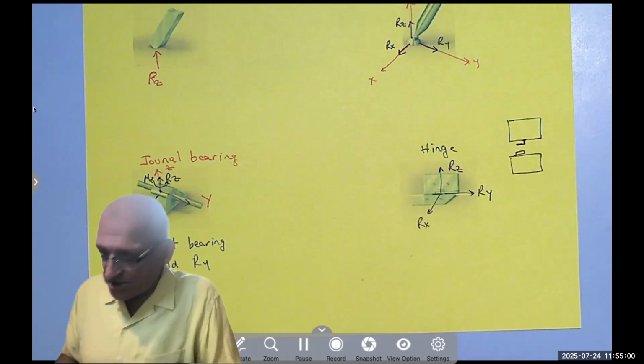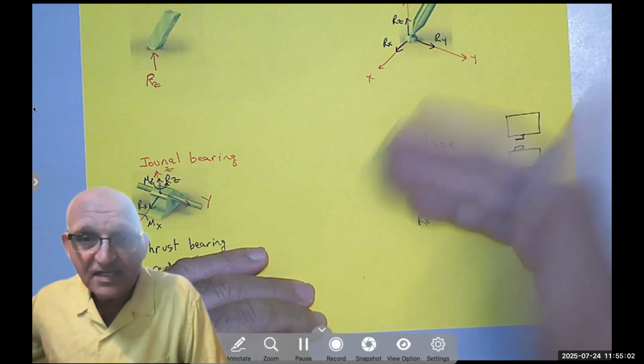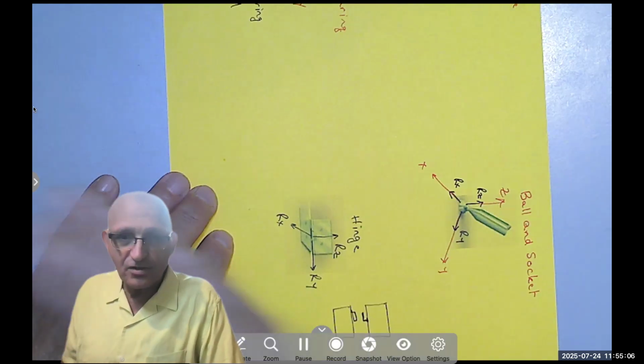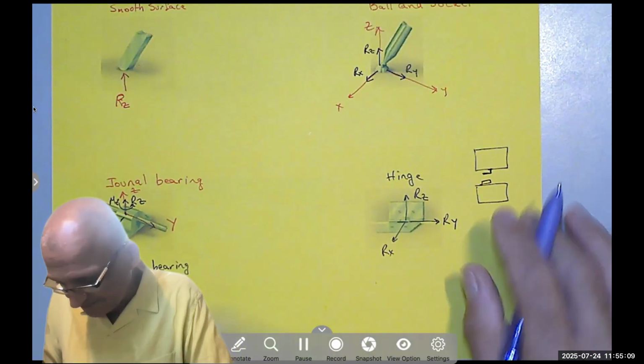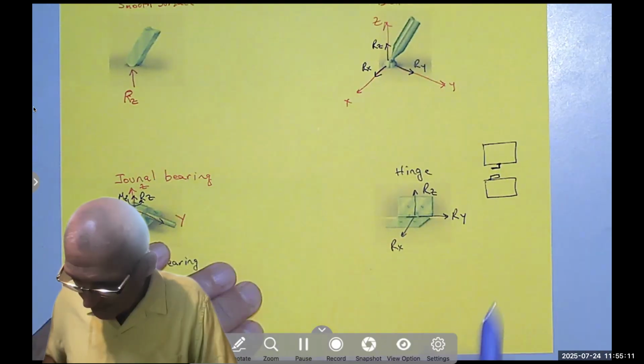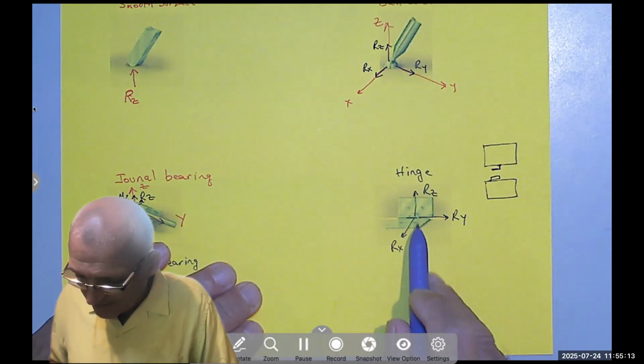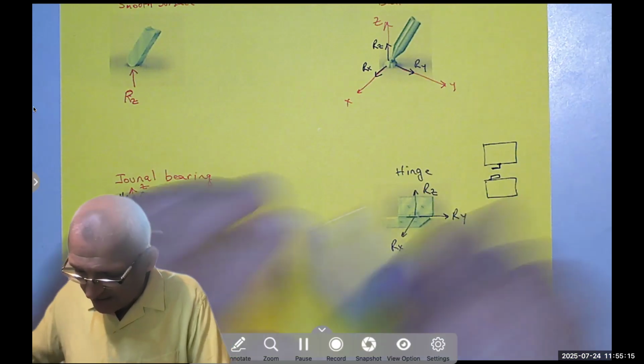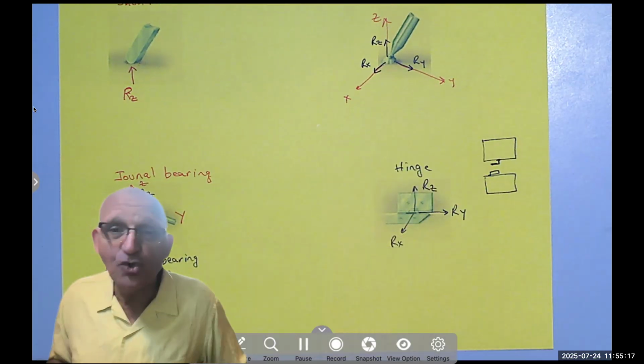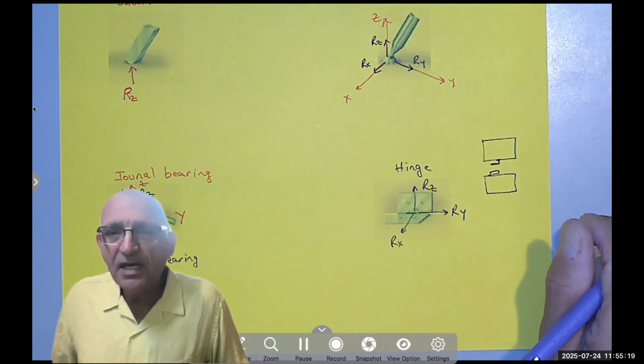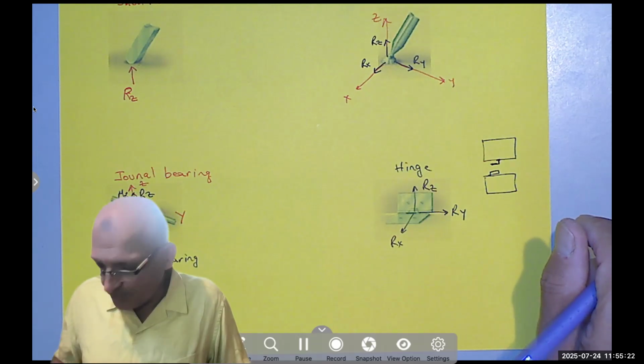How about the rotation? Of course, this thing opens and closes. That's how you attach it, and you open the door of your cupboard. But it can rotate about the y. So there is no moment about the y. And you say, is there moments?